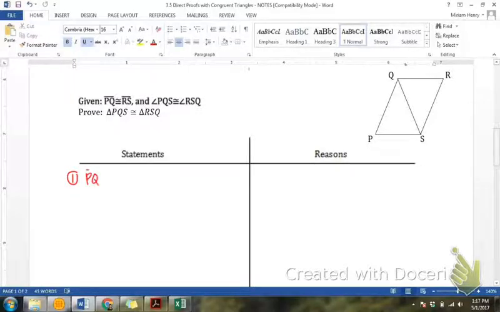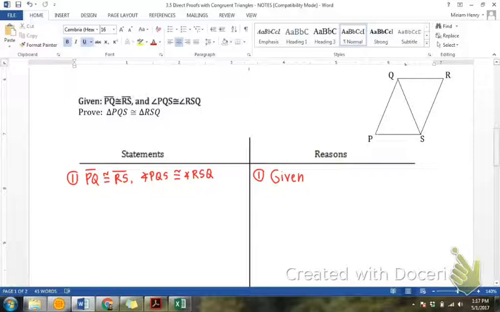So PQ congruent to RS, and angle PQS is congruent to angle RSQ. What's always reason number 1? Given. Okay.